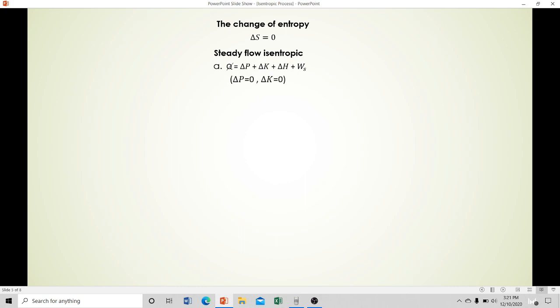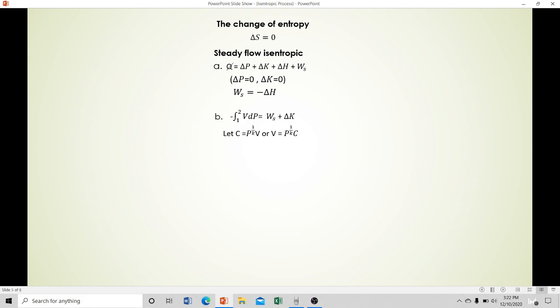Assume that the change of potential energy and the change of kinetic energy are both zero. So we can rewrite it as work steady flow is equal to negative change of enthalpy. And for the other form, the negative integration of VdP is equal to work steady flow plus change of K.